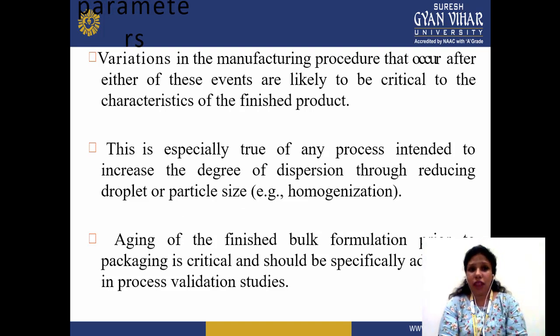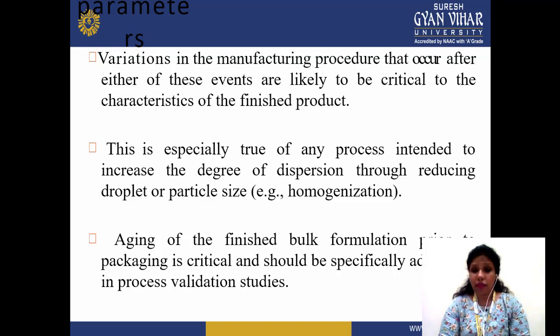Next, variation in the manufacturing procedure that occurs after either of these events is likely to be critical to the characteristics of the finished product. So if we want to check the variation in the manufacturing procedures, it may also be added as a critical ingredient for the finished product.